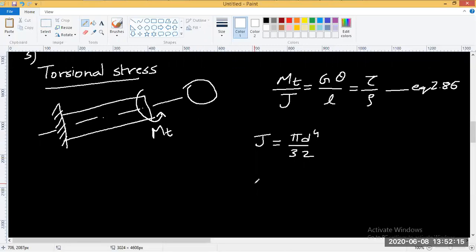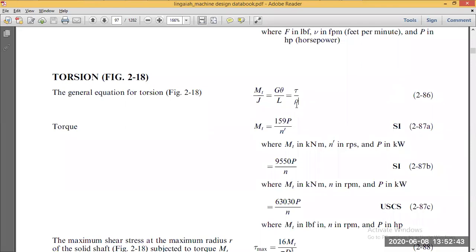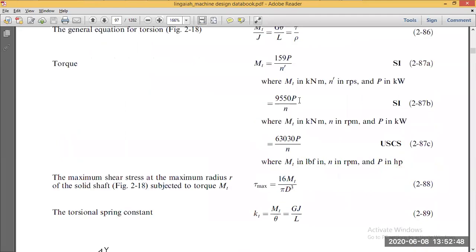You would extract it from tau, just reframe this, Mt. I'm sorry, this is not rho, I guess. This is not rho. This is r. Tau by r. Sorry for that. I think there is some mistake in the definition in the data handbook. So this is not rho, it's r. You make the small change in the data handbook.